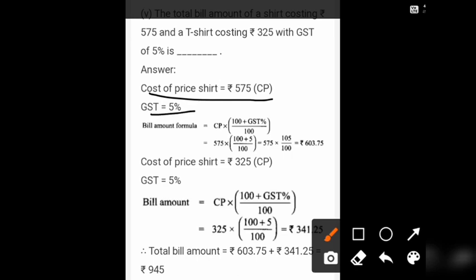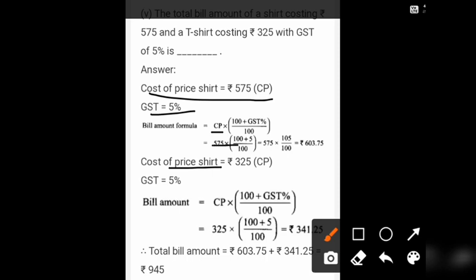So here the GST is 5%. What is the cost price of the shirt? You have to find the cost price of the shirt. Here the formula is 100 plus GST percentage divided by 100 into cost price. Here cost price is given.